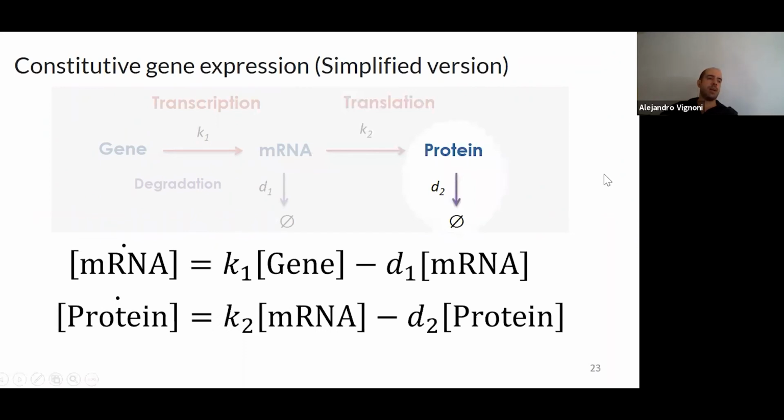And then we will have a negative term, which refers to the degradation and dilution of the protein, which is D2 times the amount of protein we have here, okay? So with that, we get the full set of two differential equations that tell us how mRNA and protein will change in time, depending on the value of the parameters, okay?